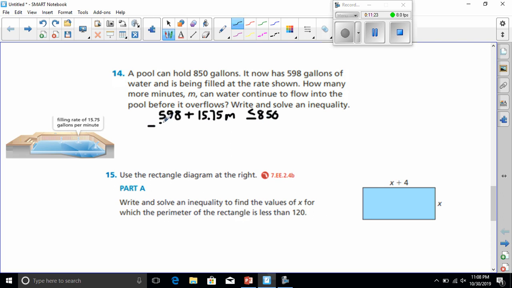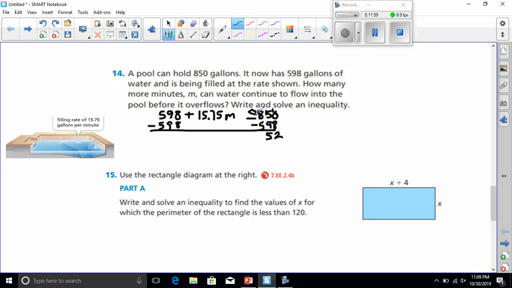We're going to subtract 598 from both sides. And when I do, that's going to leave me with 2, because that's going to be borrowing 1. Which means I had to borrow 1 from here. Borrowing 1 will make this 14. So 14 minus 9 is 5.